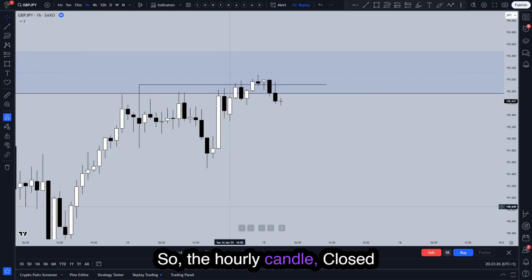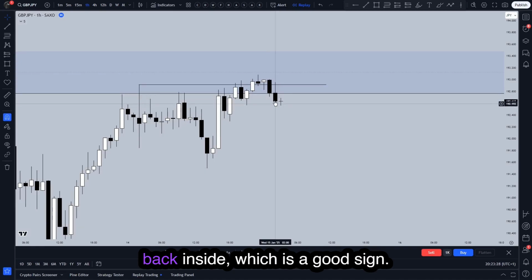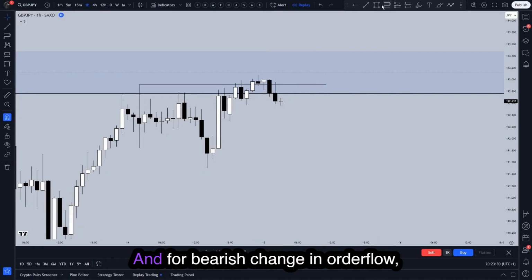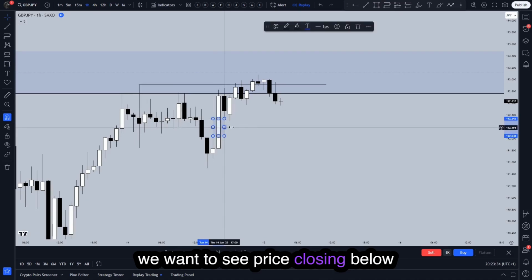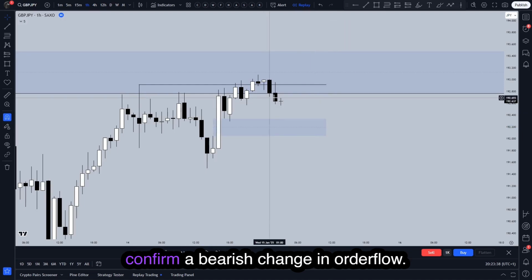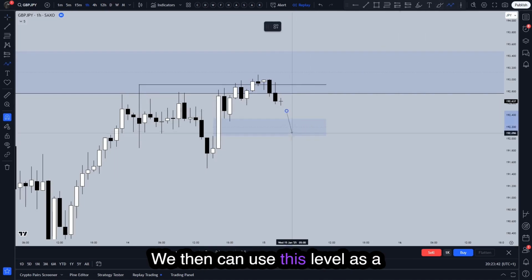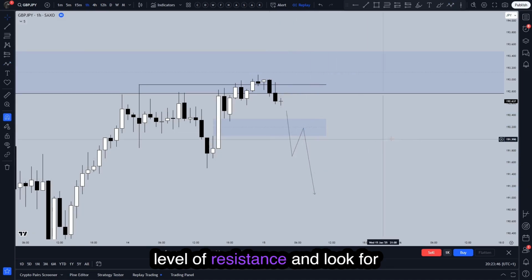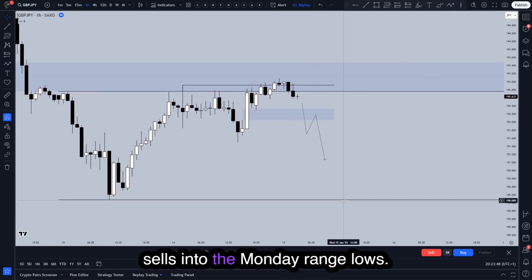So the hourly candle closed back inside, which is a good sign. And for a bearish change in order flow, we want to see price closing below that bullish fair value gap, which would confirm a bearish change in order flow. We then can use this level as a level of resistance and look for sells into the Monday range lows.